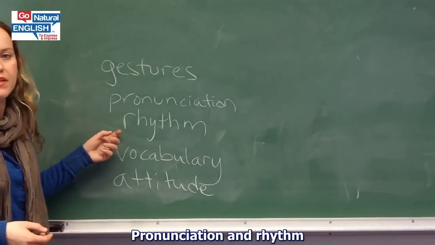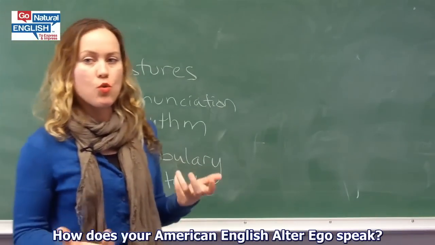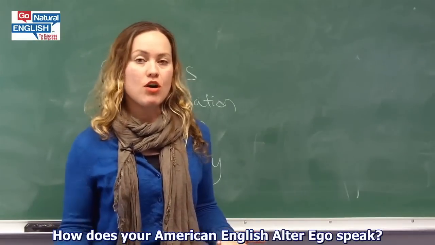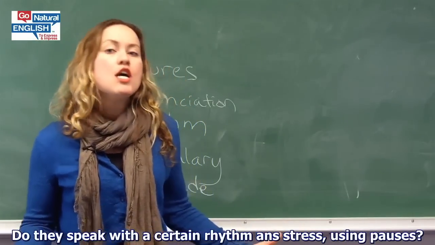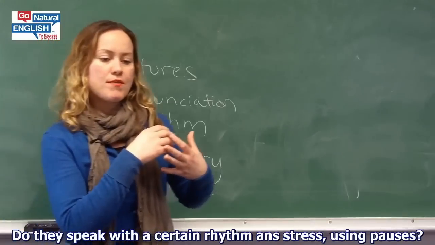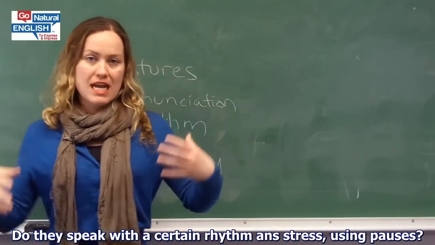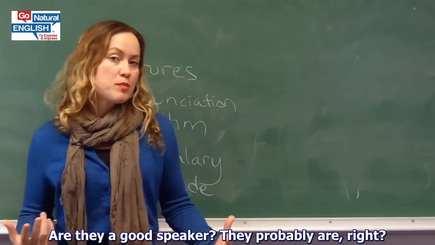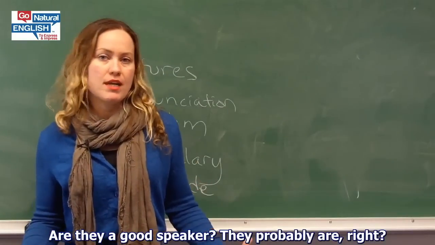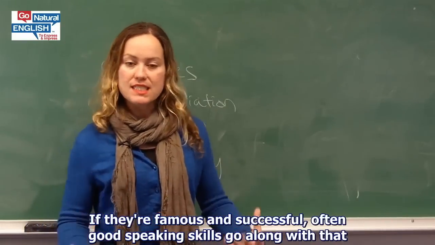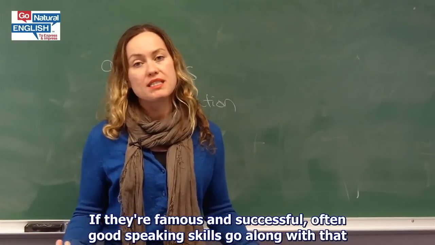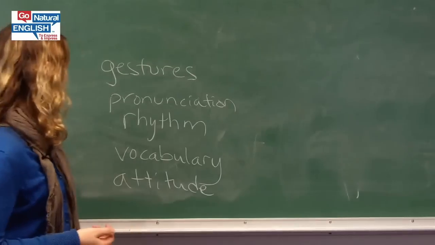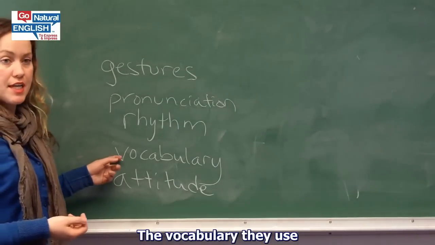Pronunciation and rhythm. How does your American English alter ego speak? Do they speak with a certain rhythm and stress, using pauses? Are they a good speaker? They probably are, right? If they're famous and successful, often good speaking skills go along with that. The vocabulary they use.